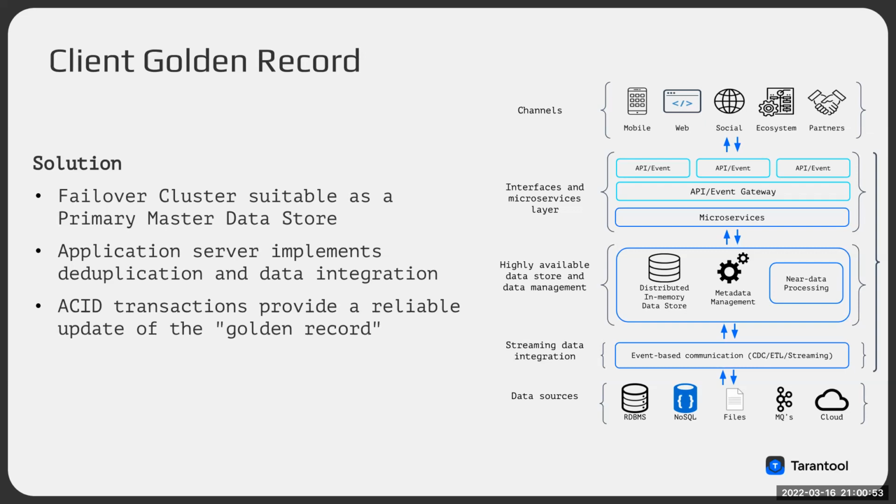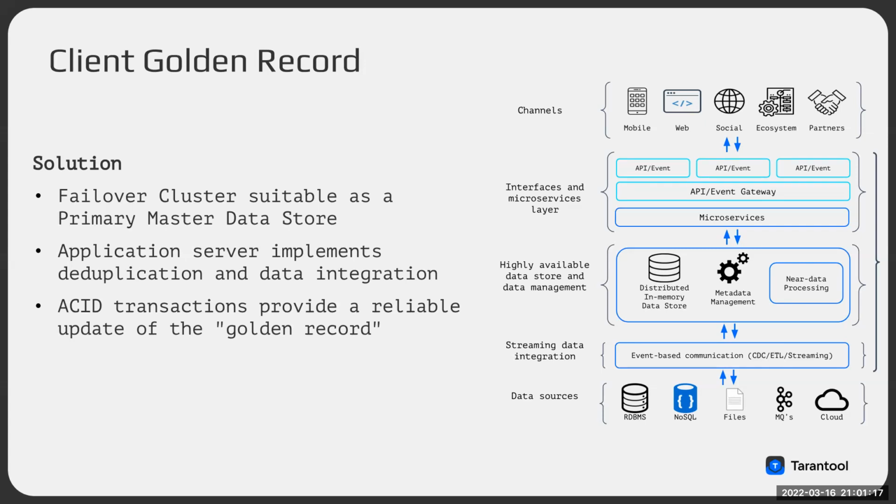And for this, we would need a separate cross-reference cluster. So in our cluster, we will actually have two separate clusters, one for golden records and one for cross-references, which we will have to idempotently update when we update our golden record.